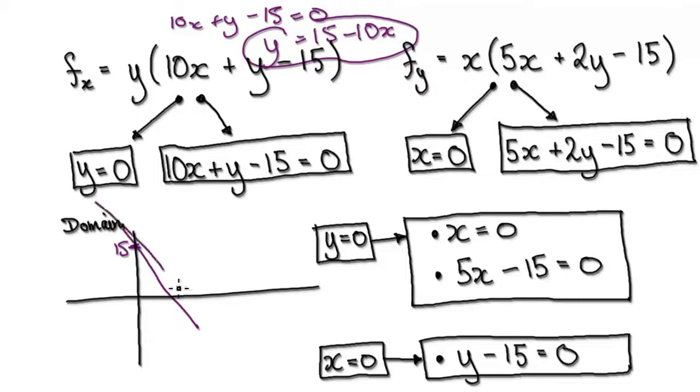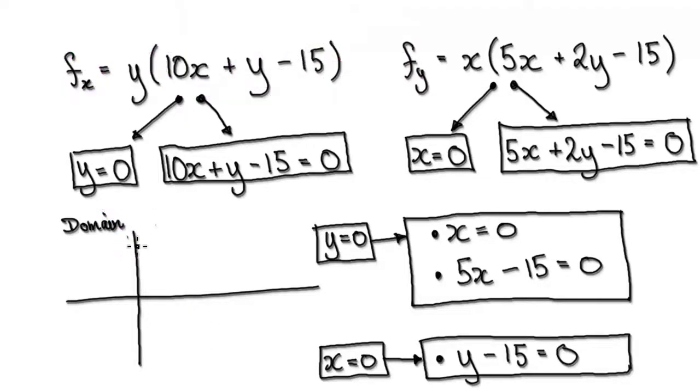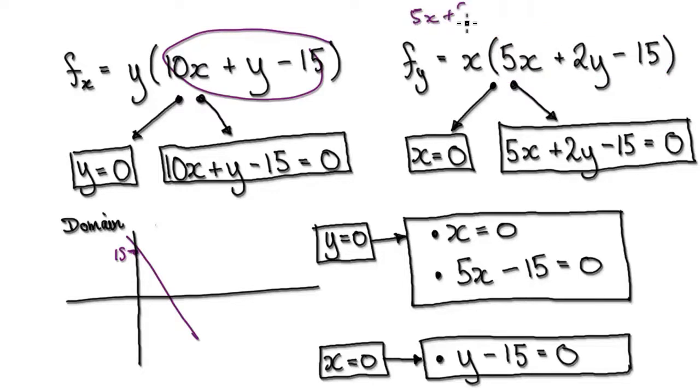So along this line here, everything here will be 0. If everything here is 0, then the whole thing here is 0. And then looking at this, set this to 0: 15x plus 2y minus 15 equals 0. Add 15 to both sides. Take away 5x divided by 2.